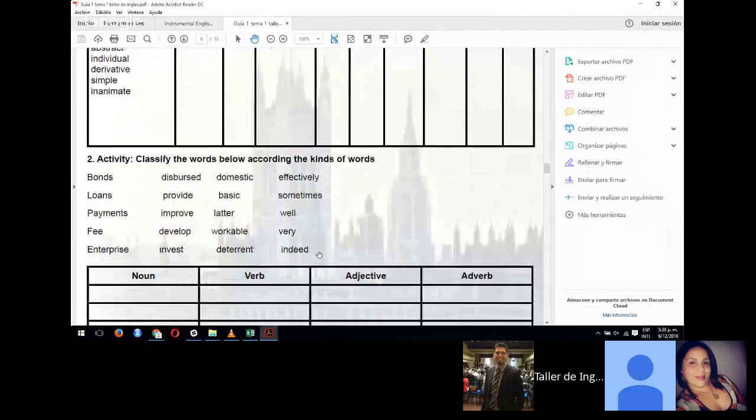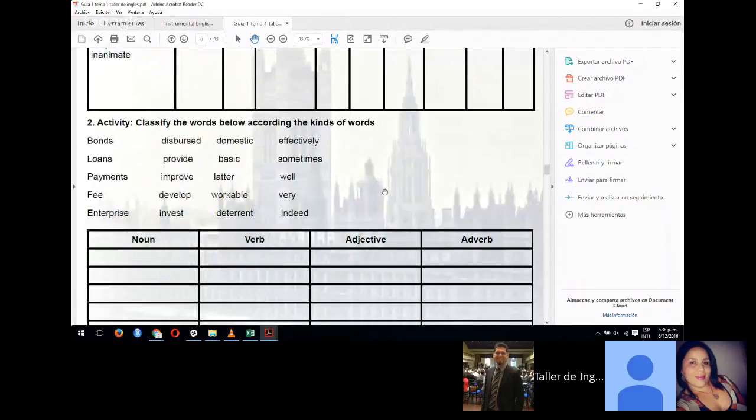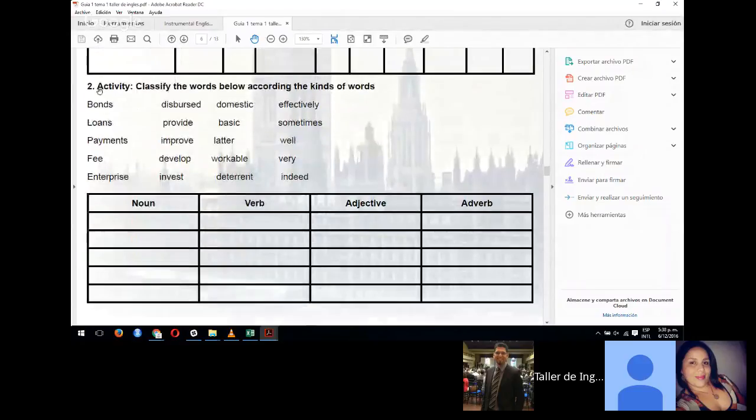The activity 2, you have to classify the words according to the kind of word. For example, there are 20 words here: bonds, loans, payments, fee, enterprise.